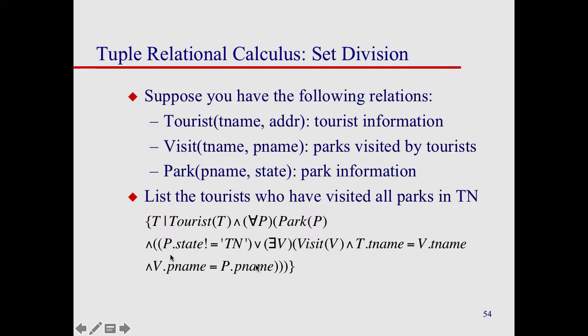So you'll notice we're actually using two bound variables, P and V here. But I think that makes a fair amount of sense what's going on. Okay, so for every park, either the park is not in the state of Tennessee or the park is in Tennessee, and there must exist a tuple in the visit relation such that the tourist has visited that park. So in fact, set division is fairly succinct in the relational calculus.